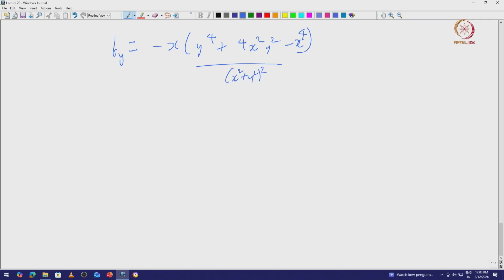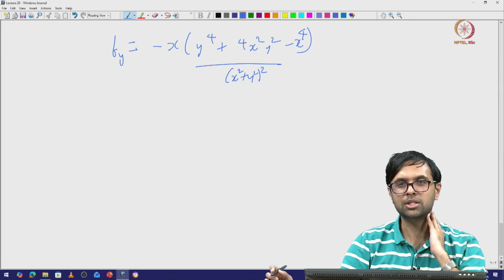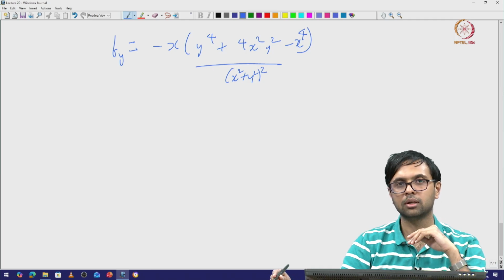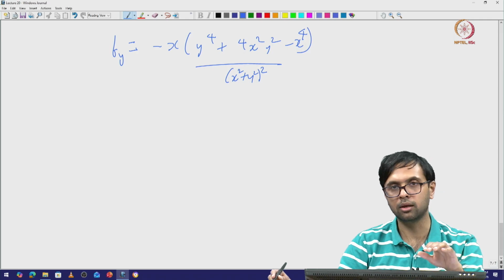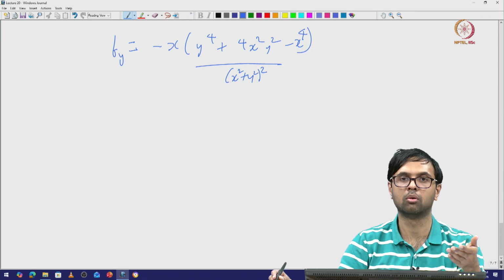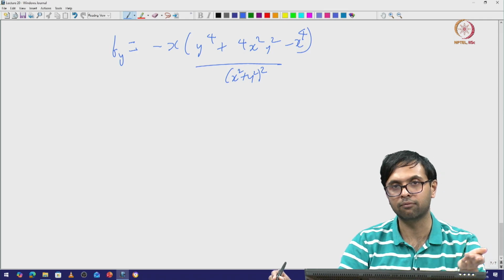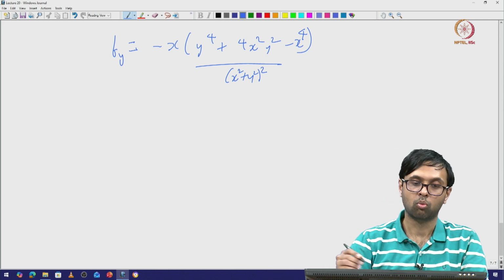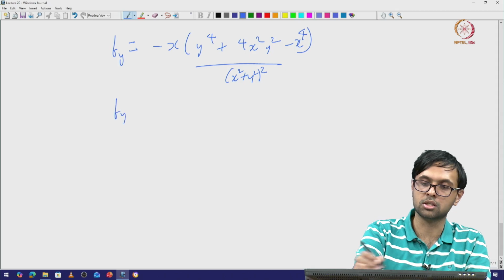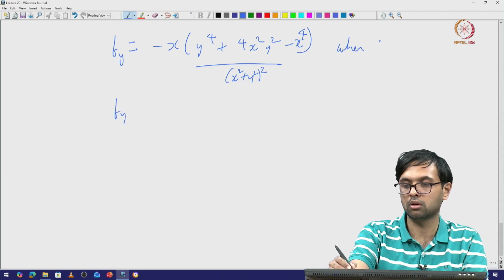Why is this so? Again, please actually differentiate and verify. As we shall see, it's not immediately important to know the precise value of the derivative, more the form of it. What we want to say is this is when (x, y) is non-zero.